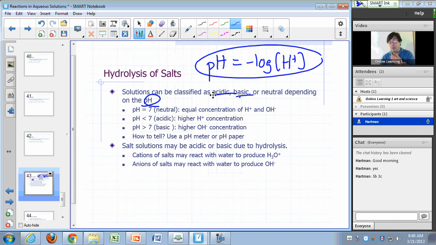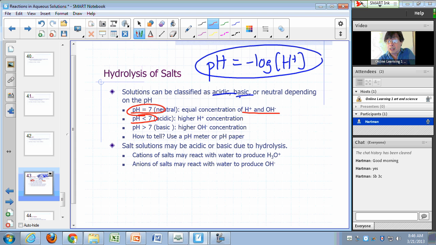Basically, and you'll learn more about this later in the course, actually not Chem 105, Chem 106, the next course. But the idea behind pH is that it gives you an indication of how much H+ you have in solution. Okay, so if your pH is 7, that means you have equal concentrations of H+ and hydroxide, and you have what's called a neutral solution.